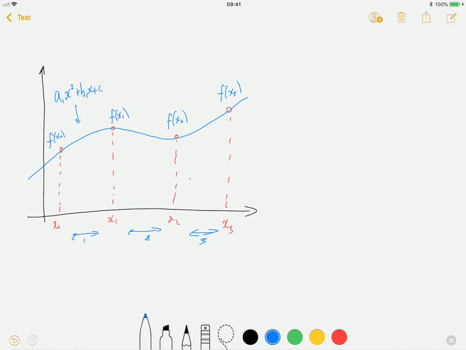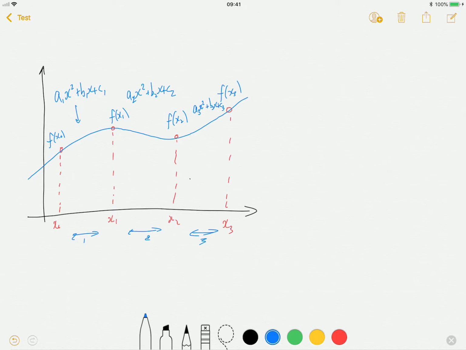And consequently, we'll have 3n unknown constants. I can write the other functions: a2 x squared plus b2 x plus c2, and a3 x squared plus b3 x plus c3.